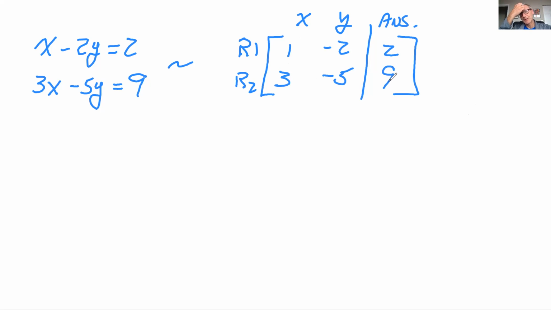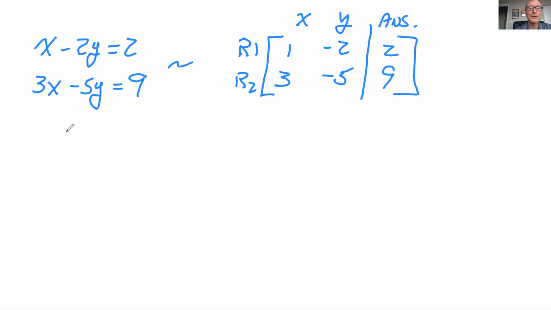When we did the elimination technique, for example, if you look at this equation over here and you wanted to eliminate the X variable from the bottom equation, we would multiply the top equation by minus 3, and then we would add those two equations together. When we talk about these row operations, we would use each one of these rows.